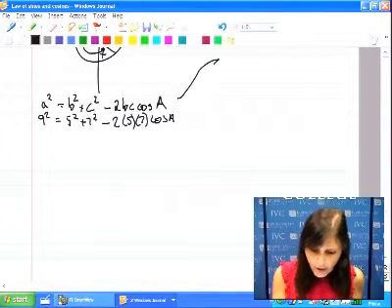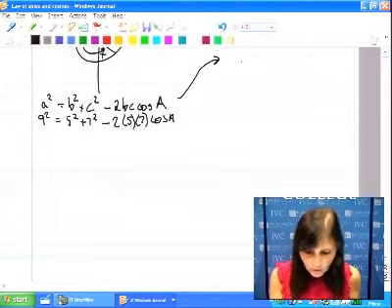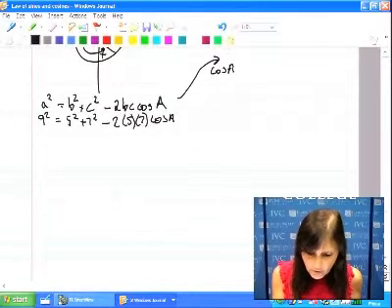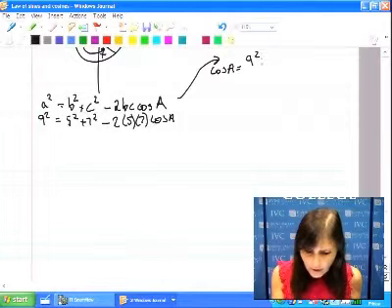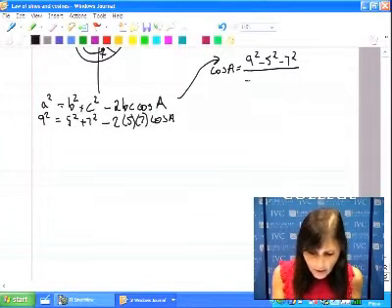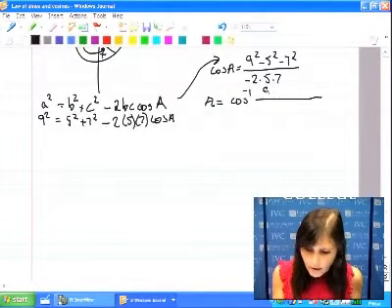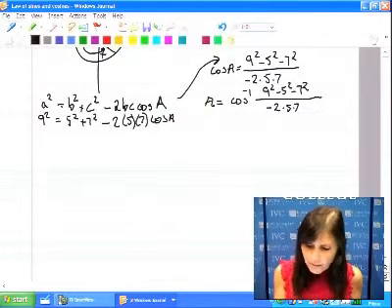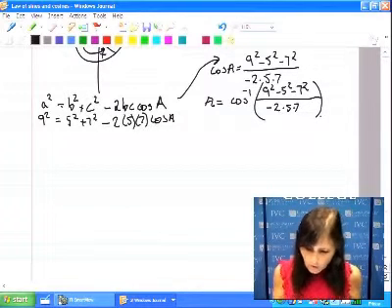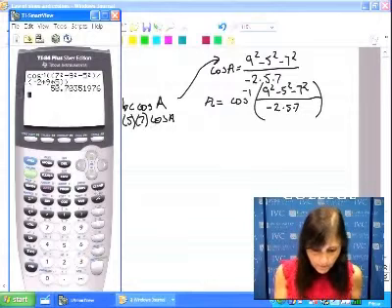So when you put that down, cosine of A equals 9 squared minus 5 squared minus 7 squared over negative 2 times 5 times 7. So A is going to be cosine inverse of 9 squared minus 5 squared minus 7 squared over negative 2 times 5 times 7. So let's get our calculator.